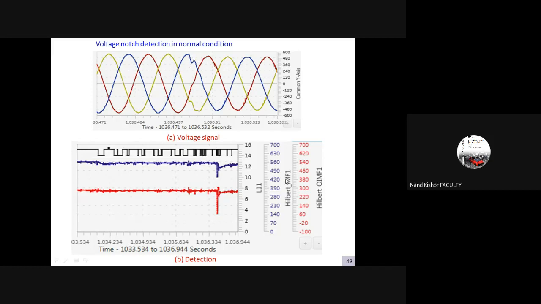However, both EMD techniques are able to detect the instant of the notch event in one of the phase signals. So we can see at what instant it takes place, and the same way we are able to have the detection achieved at the same instant here.